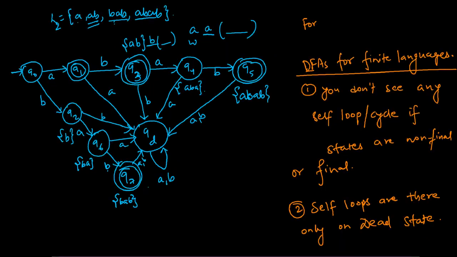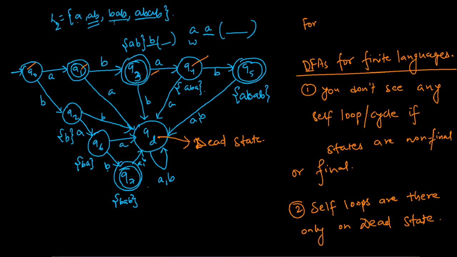If you see, there is a self loop on this state only, and this is the dead state. On any other state, if you take Q1, Q2, Q3, Q0, or any non-final state like Q4, there is only a forward move. There is no self loop and there is no backward cycle.